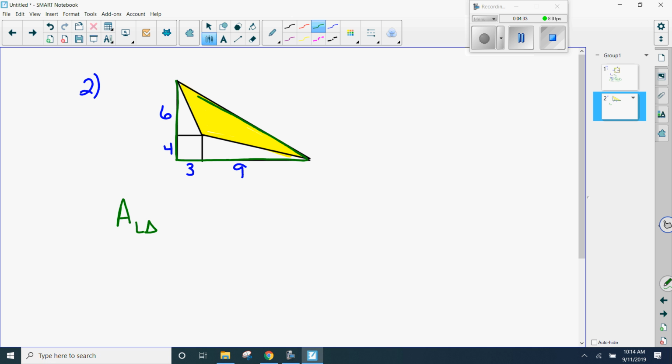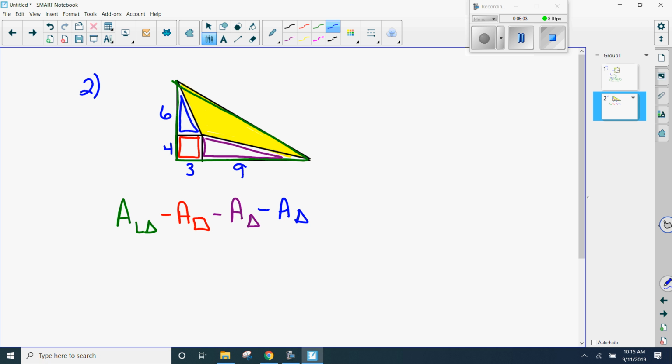You're going to subtract from it the area of a rectangle, which is right here. And we're also going to subtract from it the area of this triangle right here, and then the area of another triangle, which is found right here. That's what you're going to do.